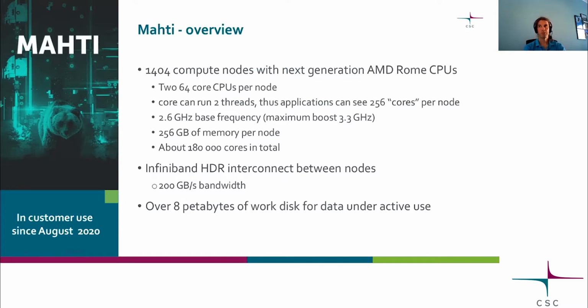The interconnect between nodes is InfiniBand HDR with a maximum of 200 gigabits per second of bandwidth. And the work disk, the Lustre parallel file system for data during simulations, is 8 petabytes in Mahti, so a bit larger than in Puhti.